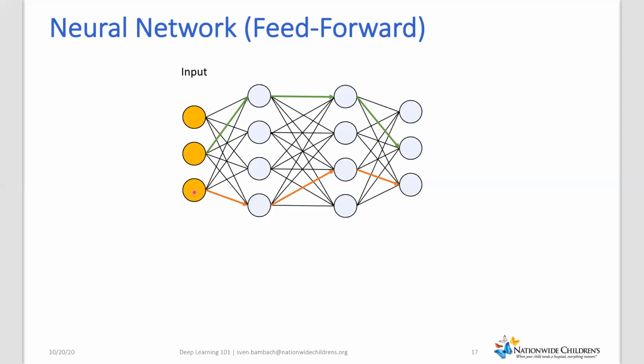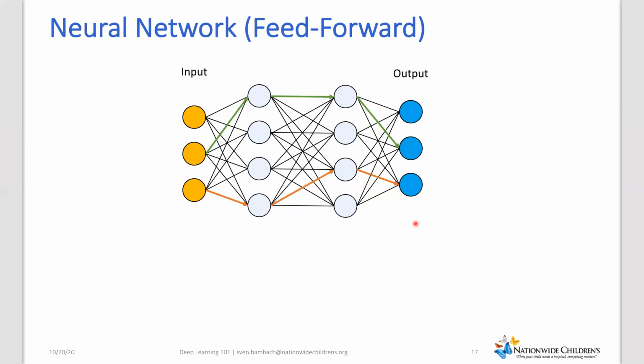Those could be, I don't know, 3 grayscale values of an image, or 3 numbers that describe a patient, like patient age, temperature, whatever it might be. Those numbers then get propagated through this network with these arrows, and they form some sort of output. And the output is whatever number I would like to predict. So this could be 1 node with just a probability of the patient deteriorating. This could be multiple nodes because I want to maybe predict different classes of cancer. This could be whatever I want it to be.